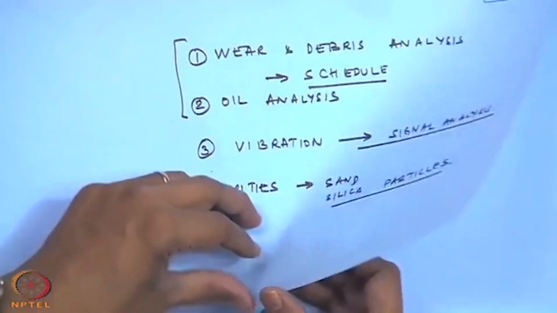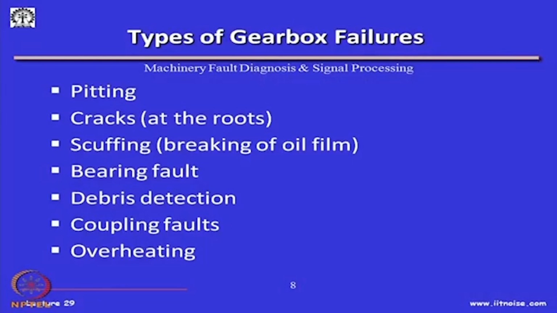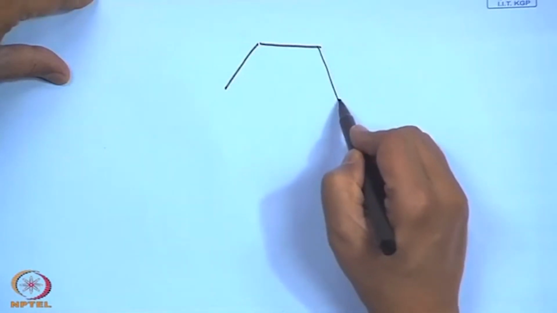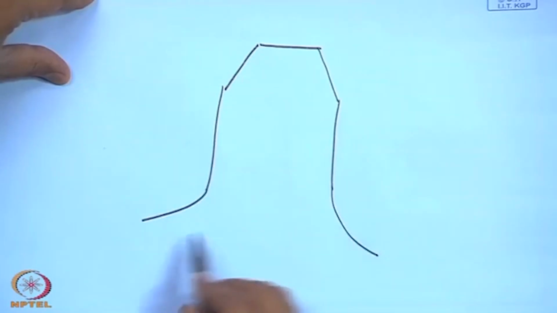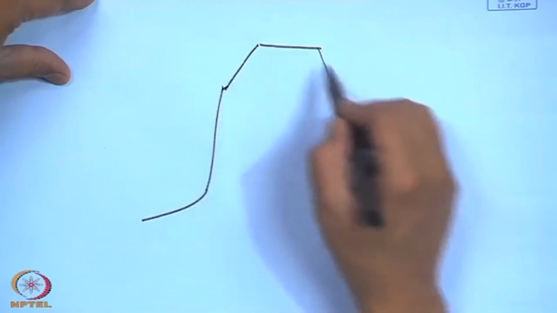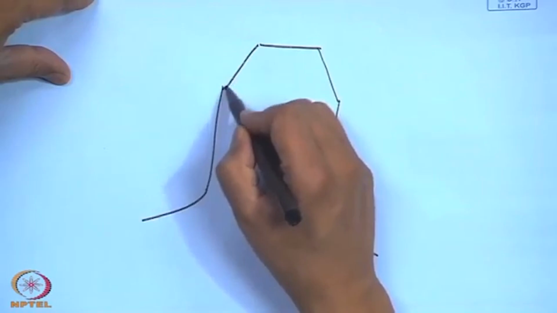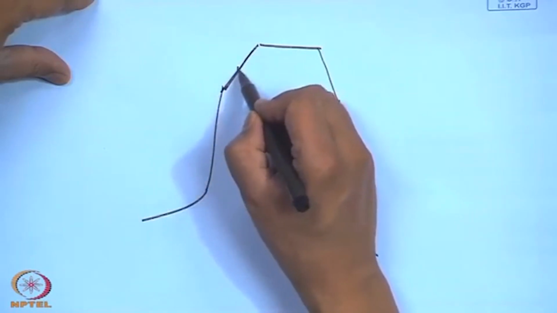And how do we detect that? In a gearbox, the type of failures which can occur is because of the pitting of the gear flank. This is one tooth, and the pitting could occur in some of these areas.